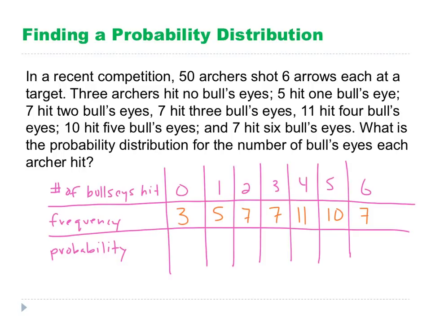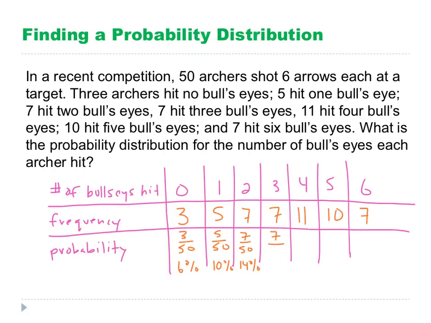So now if we're talking about our probability distribution, we need to have our fraction or our percent of each of these probabilities here. Well, there were 50 total archers, it told us. So the probability that they hit 0 would be 3 out of 50, or 6%. And then we have 5 out of 50, or 10%. 7 out of 50, or 14%.